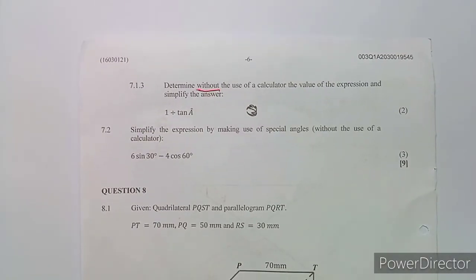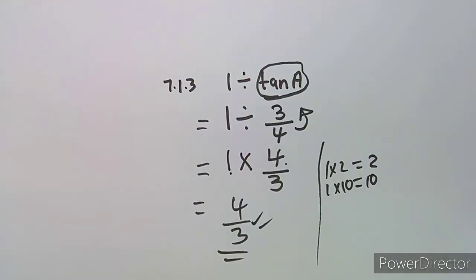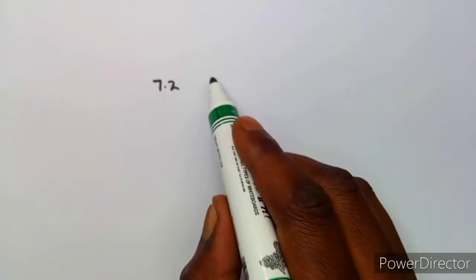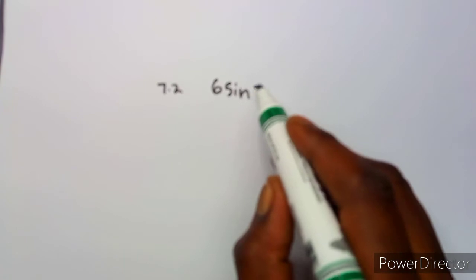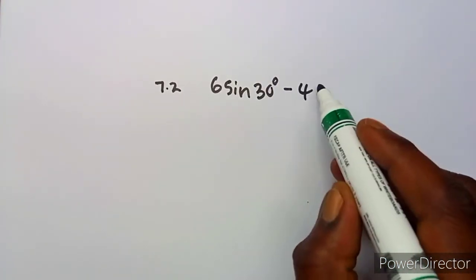Okay, simplify the expression by making use of special angles. Special angles without the use of a calculator. Which are the special angles? Okay, let's get to them. They will give you this in your formula sheet, so it's a matter of taking down the information, guys.